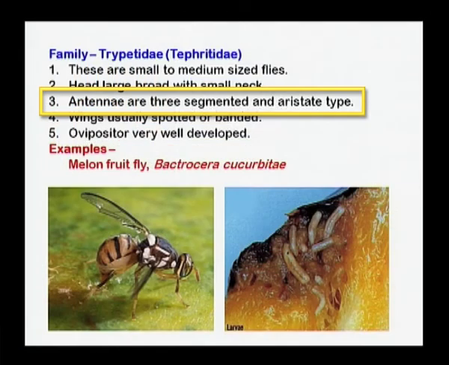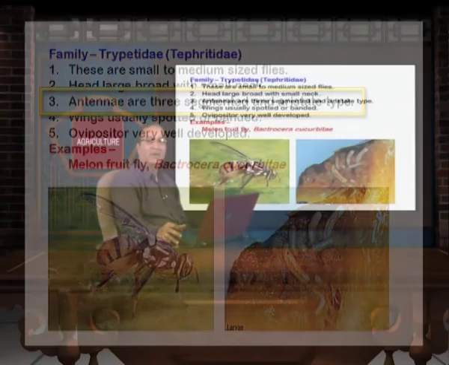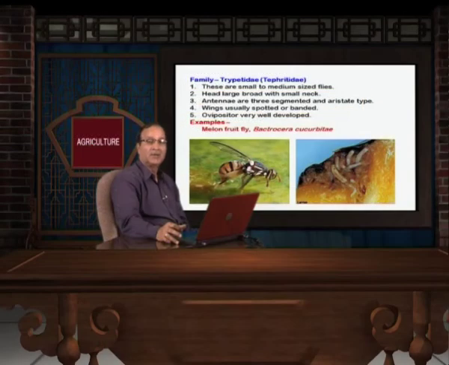Antennae are present and mostly they are three segmented. Aristate type of antennae is a common feature of this family. Aristate means having a special type of structure which is known as arista. It is present in the flagellum part of the antenna.